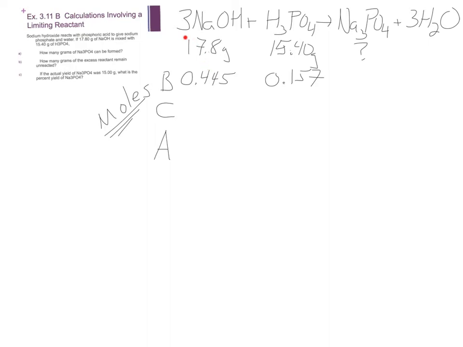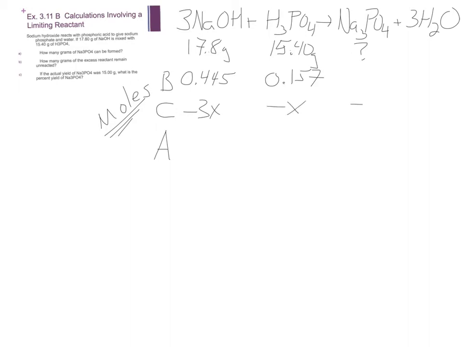Since this is going to react in a 3 to 1 ratio, it's going to disappear 3 times faster. Let's just pretend that these numbers, let's reduce them down to a coefficient of 1. We can do that by dividing them by 3 to get a value here. We know that this one is going to change by 3x. It's going to disappear 3 times faster than this one here.